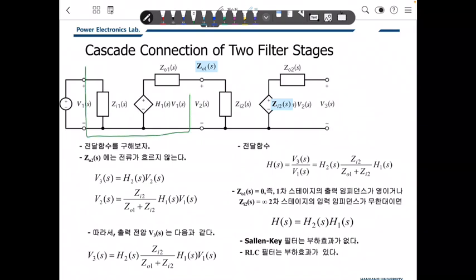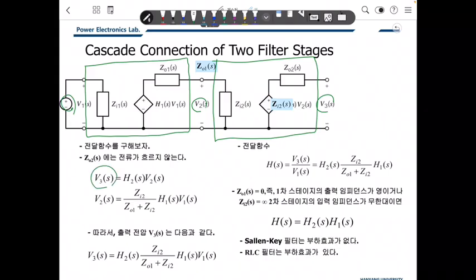This is filter 1, this is filter 2. This is V1, this is V2, and this is V3. So V3 is actually H2 times V2. Then what is V2?